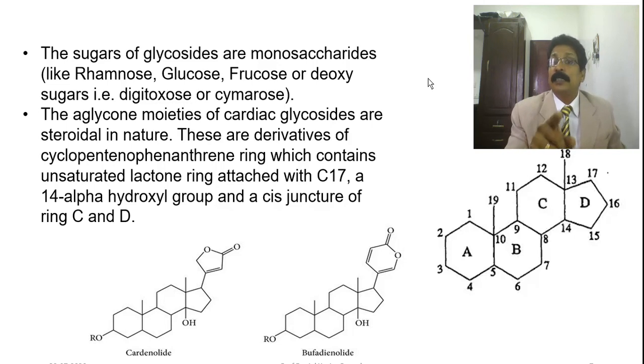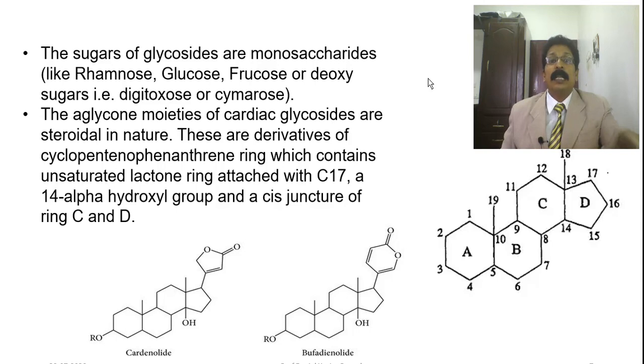You can see that 17th position. Just to make you understand the 17th position, I have drawn this basic structure A, B, C, D of a steroidal skeleton. So the steroidal skeleton will have A, B, C, D, and the numbering you should remember. This numbering will not change. So this will give you more idea to remember the structure. Now we will come to the slide.